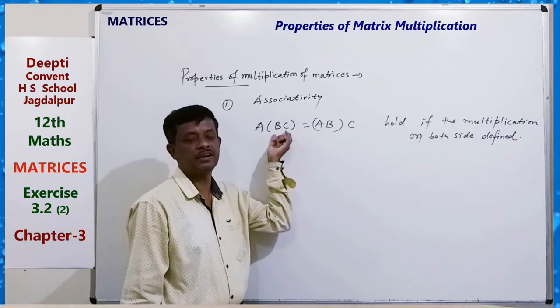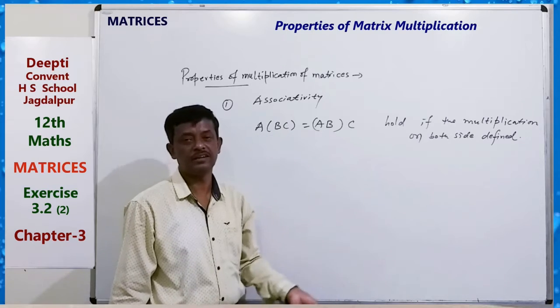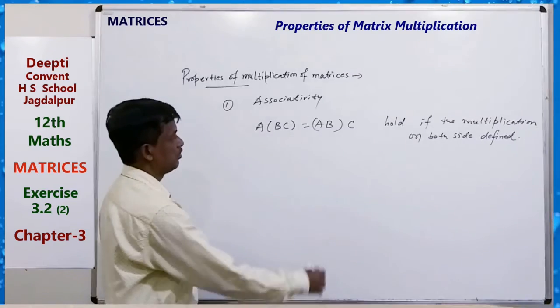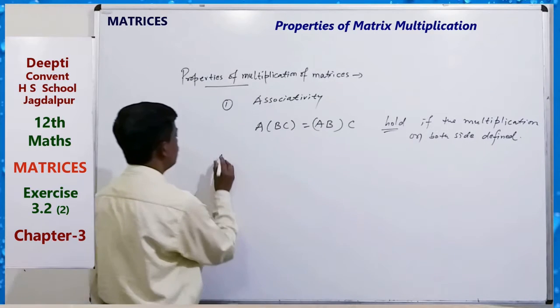If AB and BC are defined, and all the multiplications are defined, then this is true. The associative law holds.